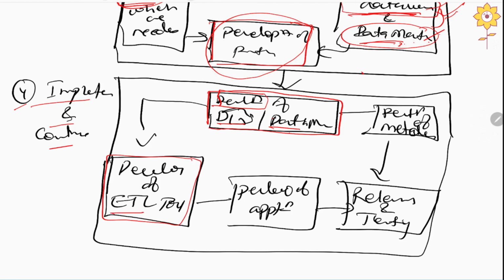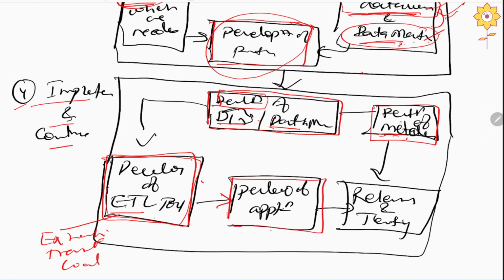ETL, again, stands for extraction, transformation and loading. We also develop some metadata, which is nothing but data about data, related to whatever databases we have. Once these things are done, then we develop the final application.